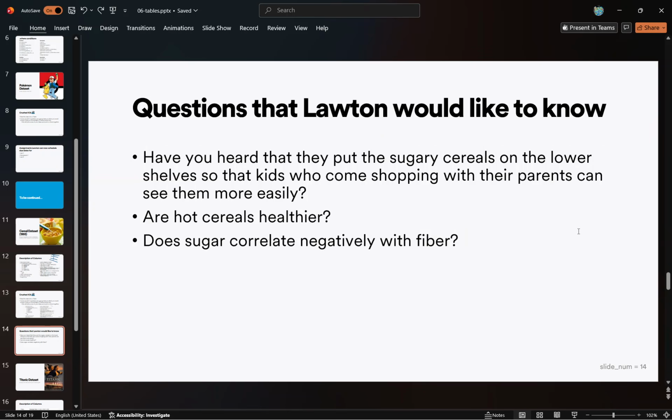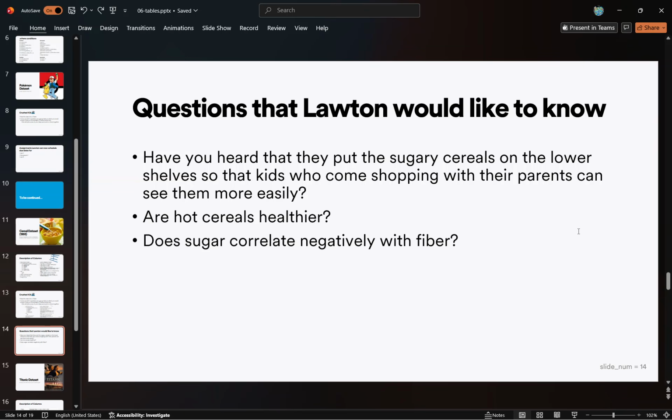So let's see. And so, how do I want to do this? There's some different ways to go and define this. So let's see. Sugar and fiber. What I really would like to do is give us a graph, and that might not be very easy for us.